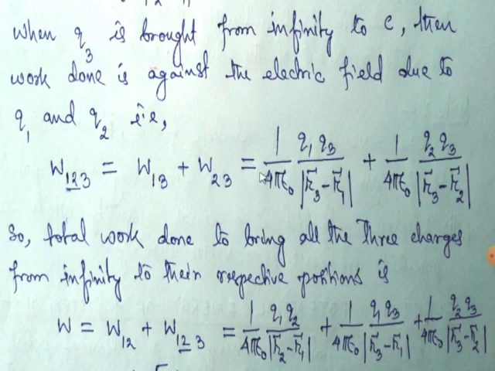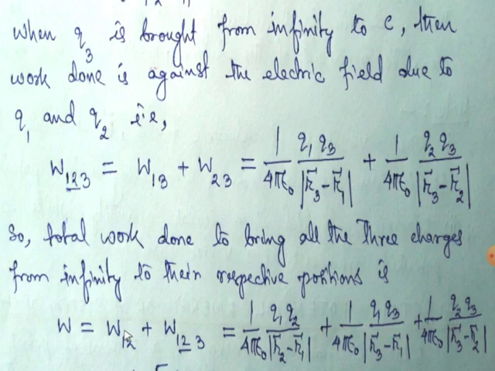So that will be equal to what? We can write 1 by 4 pi epsilon naught Q1 Q3, which is Q1 Q3 or Q3 Q1, doesn't matter, divided by the modulus of R3 vector minus R1 vector, like that. Similarly for this also. So your total work done will be equal to this one here, plus this one here.